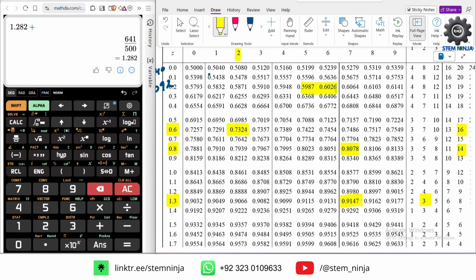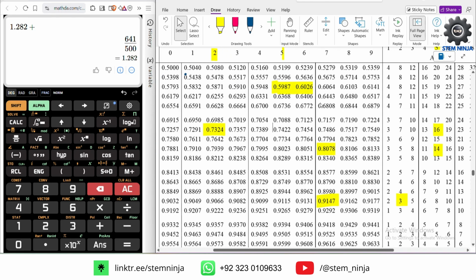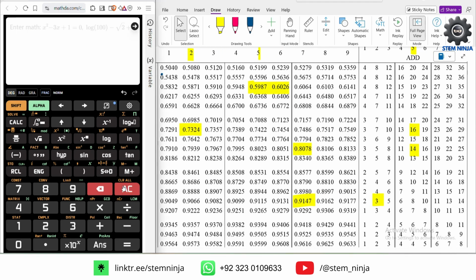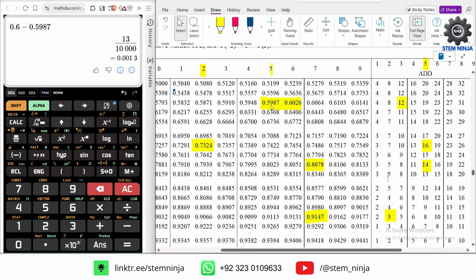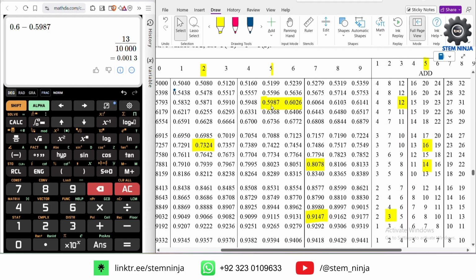So between these two values, 0.25, and we need to see which will get that. So 0.6 minus 0.5987, so we need to add 0.13 to it. So I think this would be the closest thing that we can go to. Oh no, sorry.